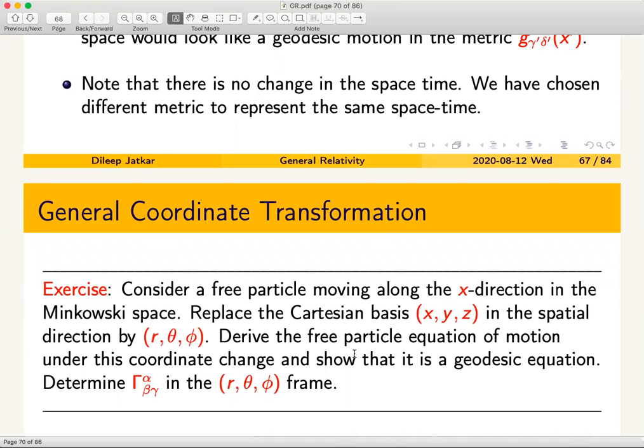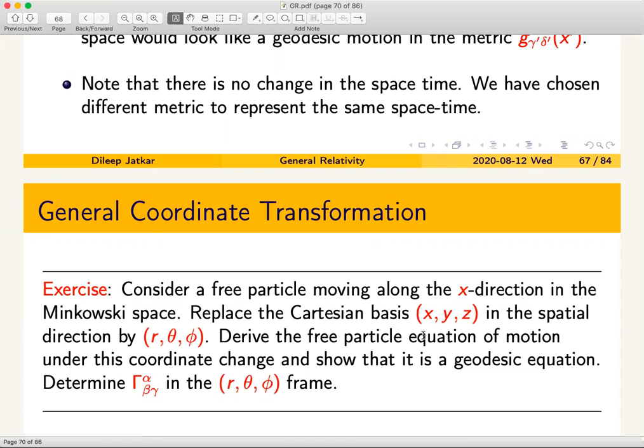I have not given you the transformation here, but I'm sure all of you know what the transformation is. Namely, x is equal to r cos theta cos phi, and y is equal to r cos theta sin phi, and z is equal to, sorry, the other way around.